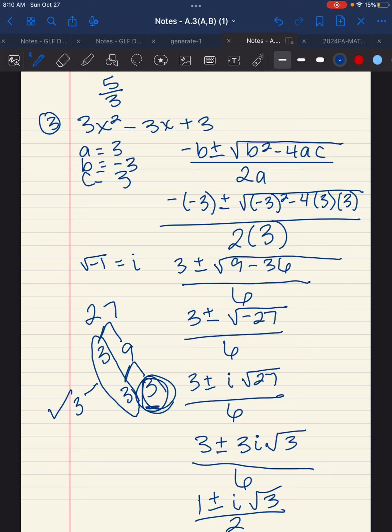You should also have 1 plus i square root of 3 over 2, and 1 minus i square root of 3 over 2. They might be picky about your i's and make you write them like this. Just make sure that i is not underneath the square root.